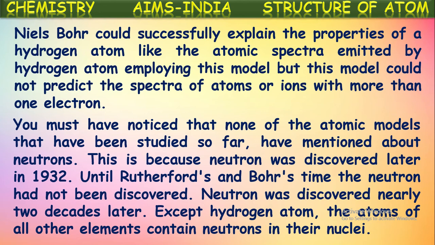Bohr's theory was given in 1913, whereas the neutron was discovered in 1932 by Chadwick, nearly two decades later. Till then, they did not discuss the presence of neutrons in the nucleus. They knew only that protons are present inside the atom, and the total mass is because of these protons, because the electrons' mass was known to be negligible.